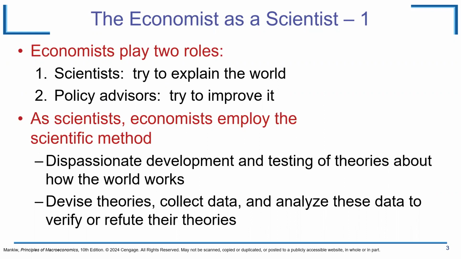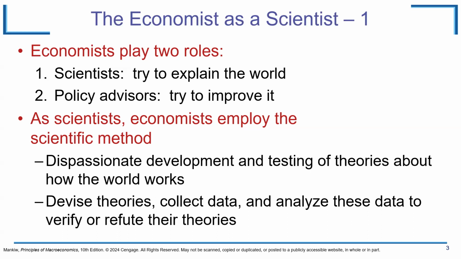Consider that if you want to make a policy recommendation, it is impossible to do so if you have no understanding about the real world. But at the same time, if you are not trying to improve it, why do you need to understand the world, right? So those two roles are highly associated with each other.